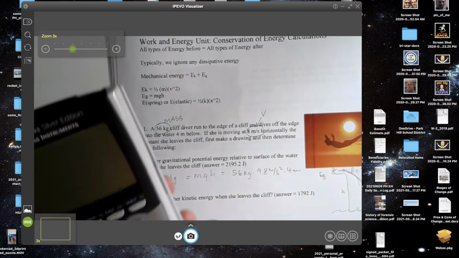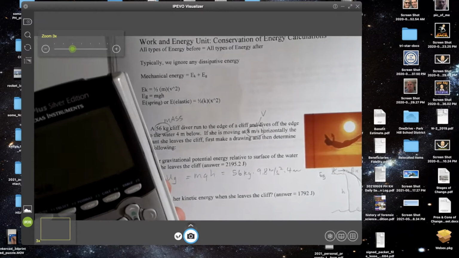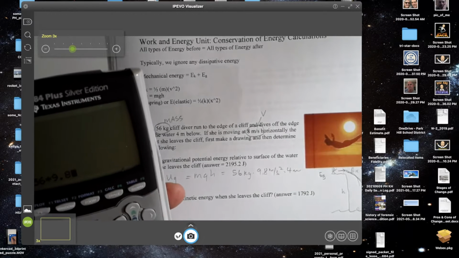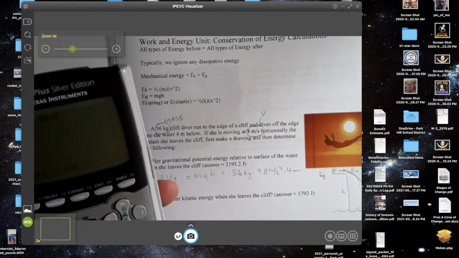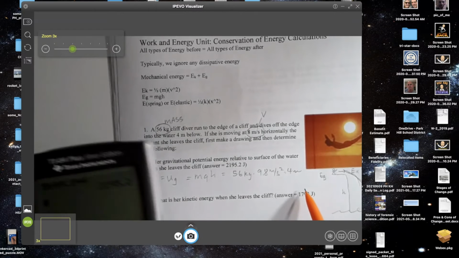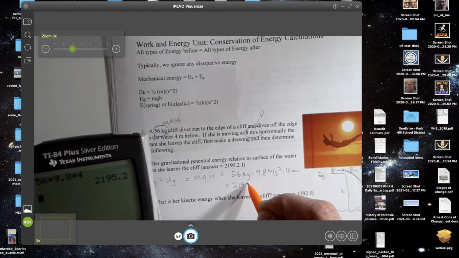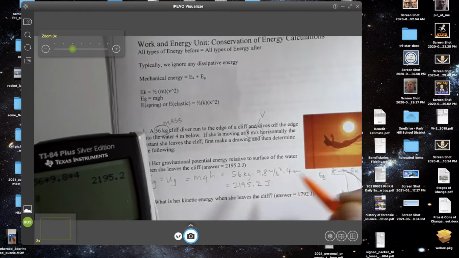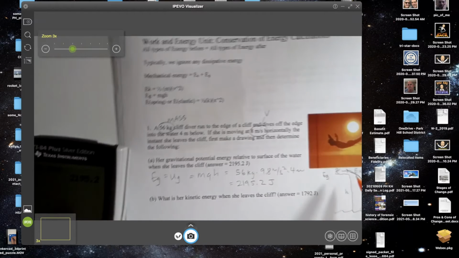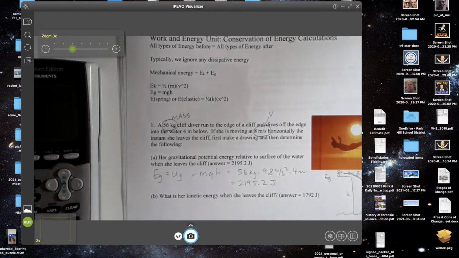We'll just calculate that out: 56 times 9.8 times 4. There's the answer. That represents the energy in joules she has based on her position above the water, which is often our reference point.